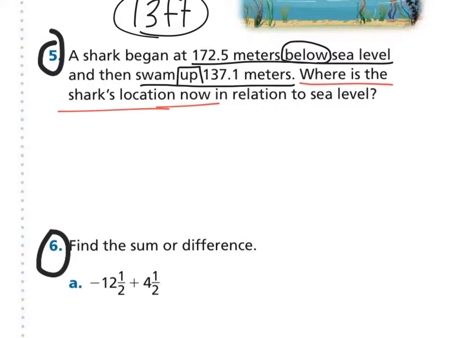Kind of if we sketch this out a little bit, we've got the shark at 172.5 below sea level, and then it's going up 137.1.